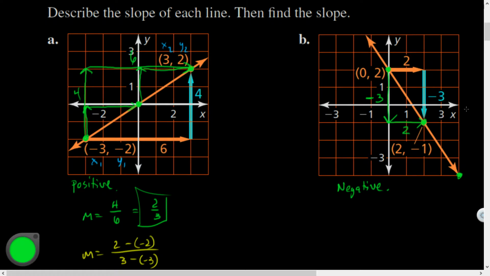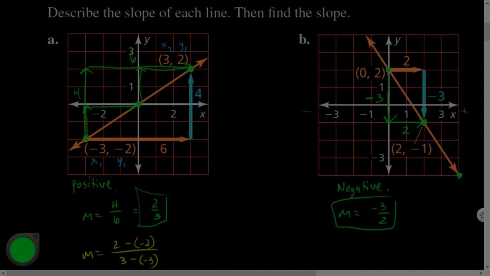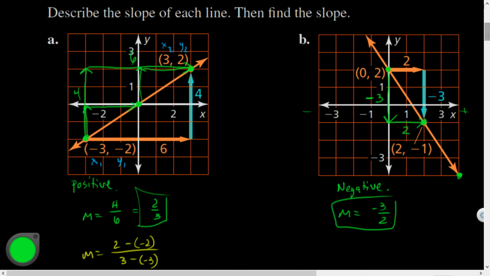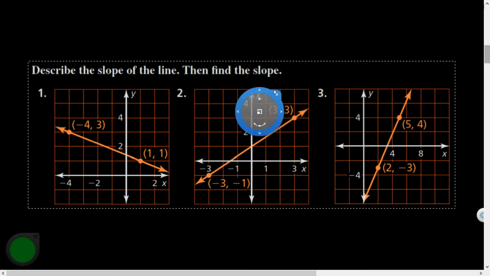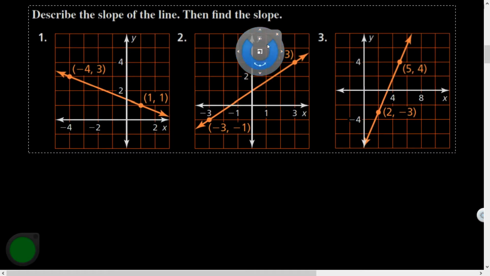And that's in the positive x-axis, right? The negative's over here. So down 3 over 2 appears to be our slope, negative 3/2. Okay? So you can read the slope off of the graph, or you can find the slope using the coordinates of your points and using the slope formula.